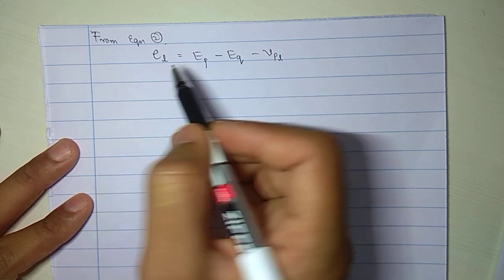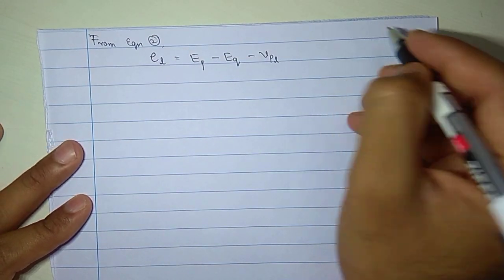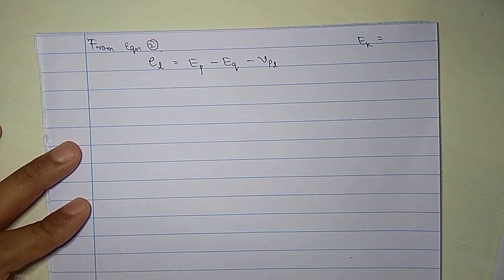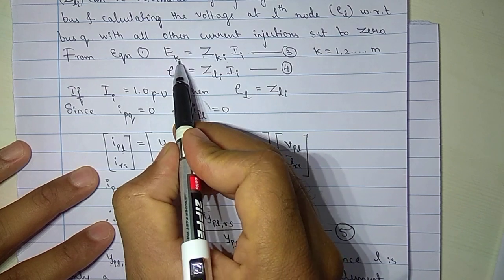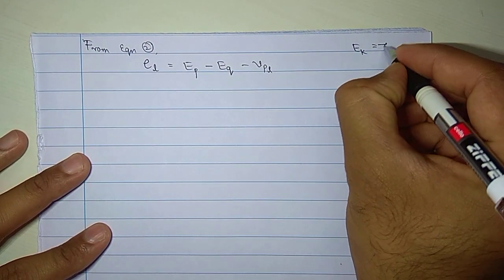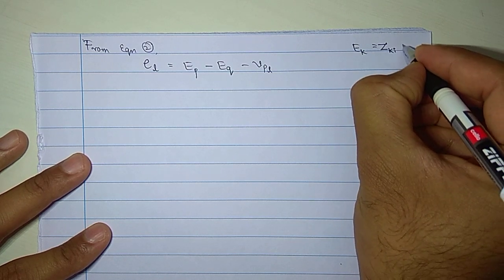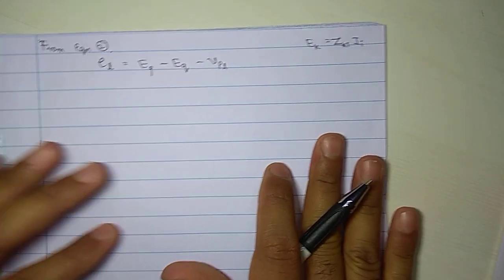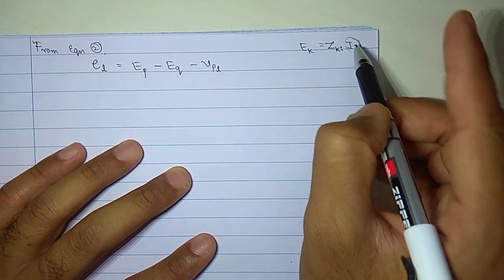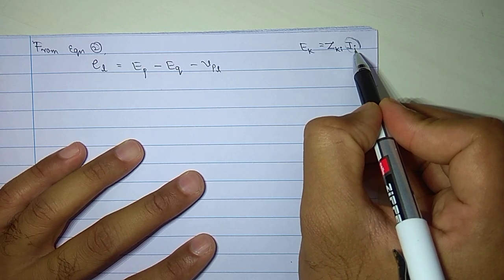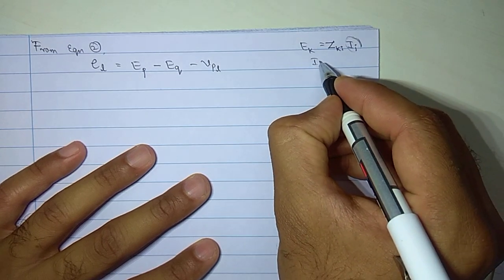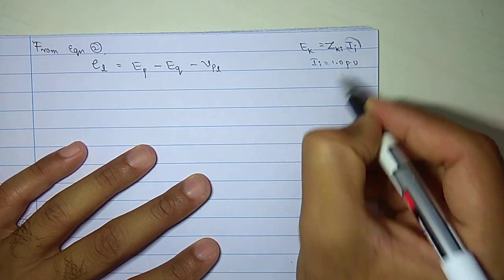Now from equation number 3, we know that it is EK, which is equal to ZKI into II. If I substitute this as 1 per unit, because the current injected at the ith node is assumed to be 1 per unit, II is equal to 1 per unit.